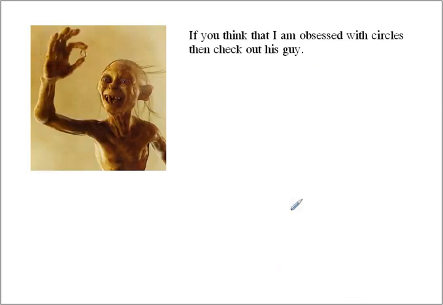Now, this guy here, if you think I'm obsessed with circles, this guy is obsessed with circles. And this guy right here, the One Ring from Lord of the Rings, this would be Gollum. He's got some major league problems. But the thing that always was most interesting to me about that ring was that it would change size. It would change circumference based on the wearer.